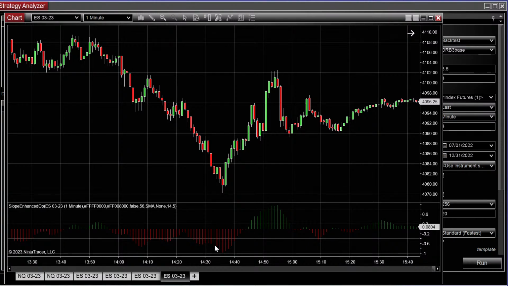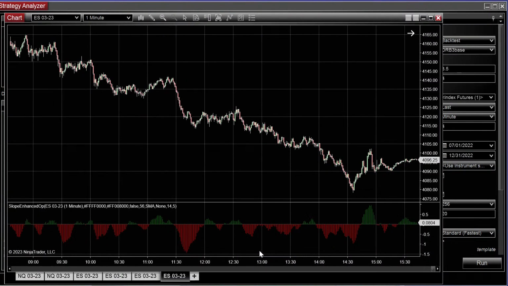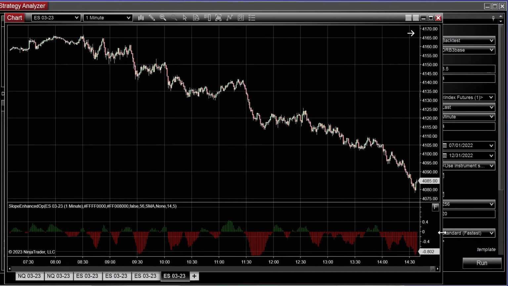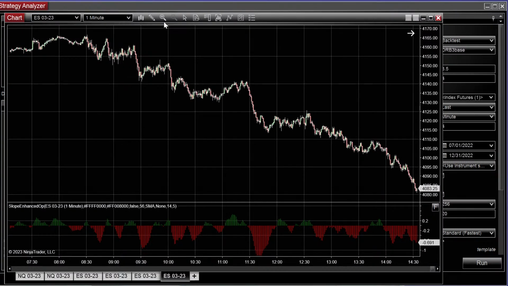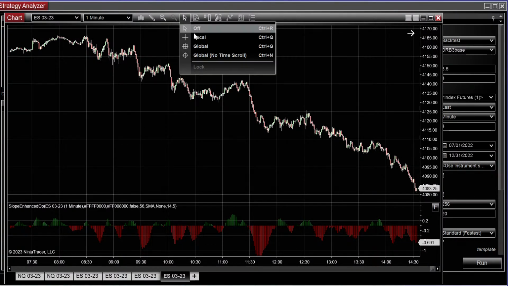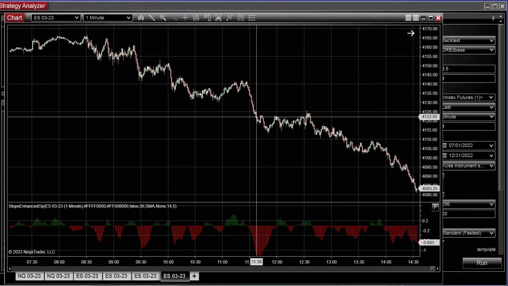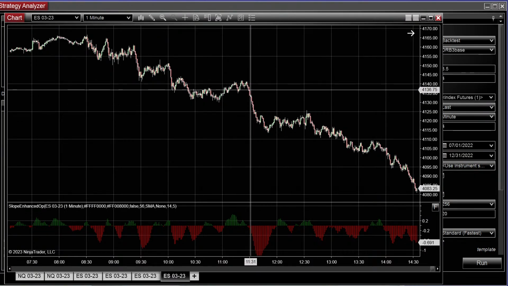So it's a neat little oscillator that tells us the slope, and the slope can typically be used to measure momentum. You can see here the slope is very big. We had a momentous move, so slope is very lagging.